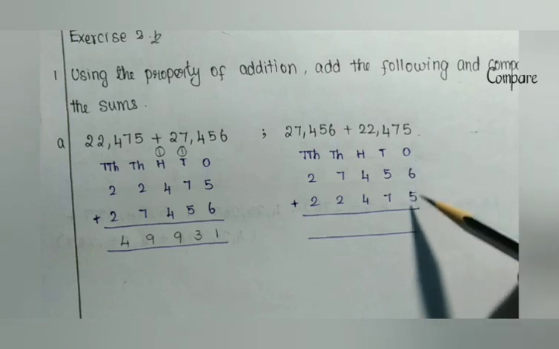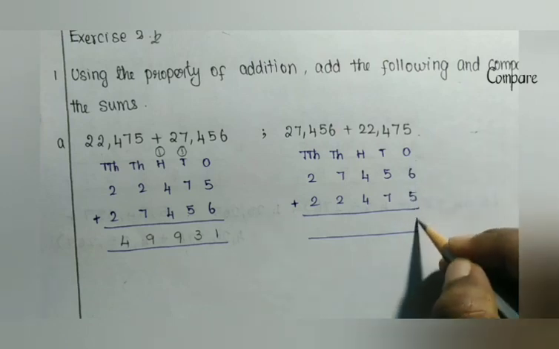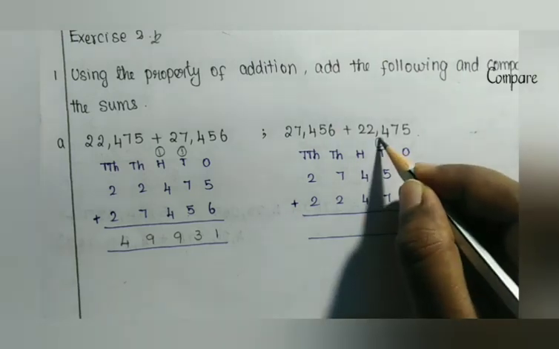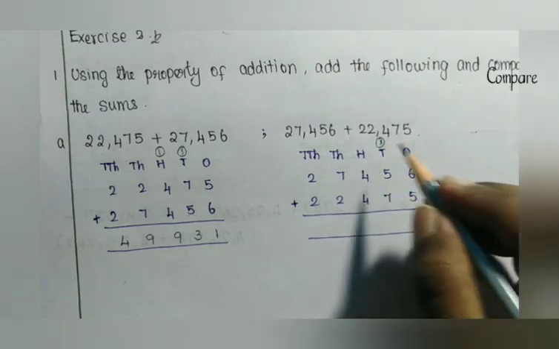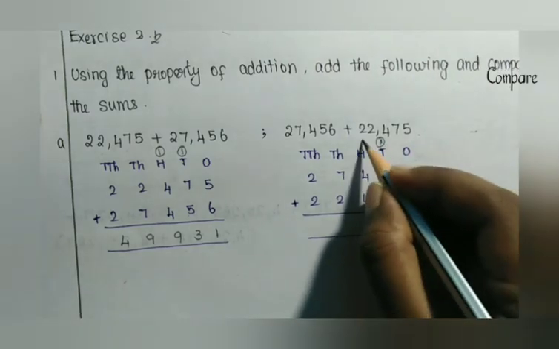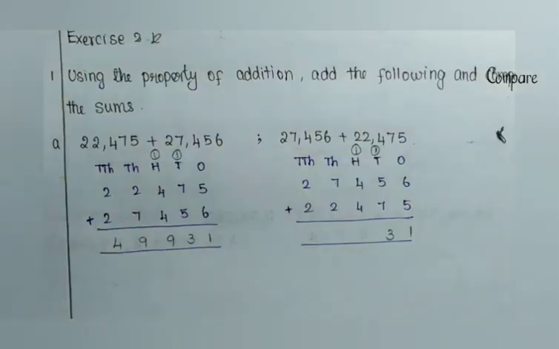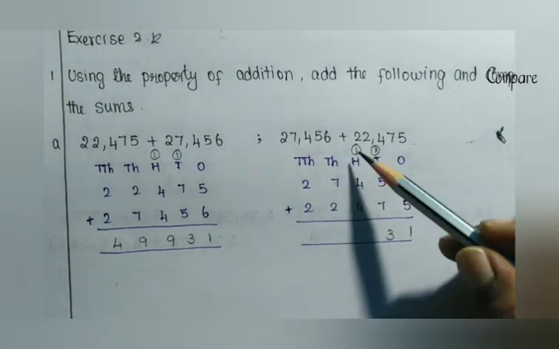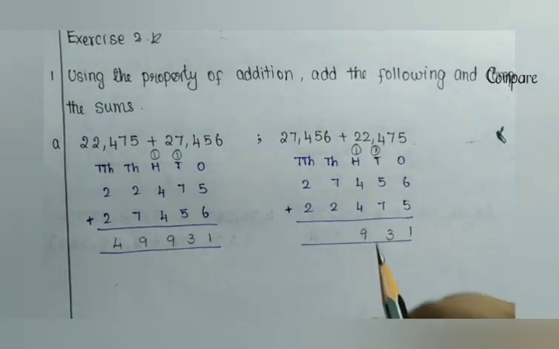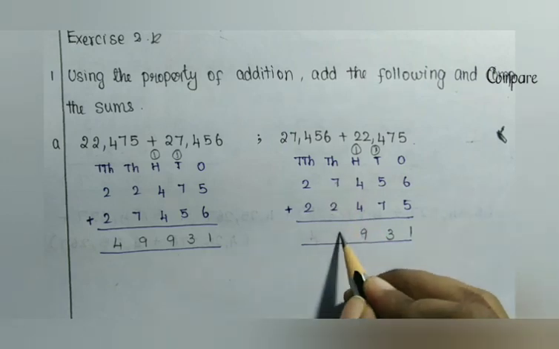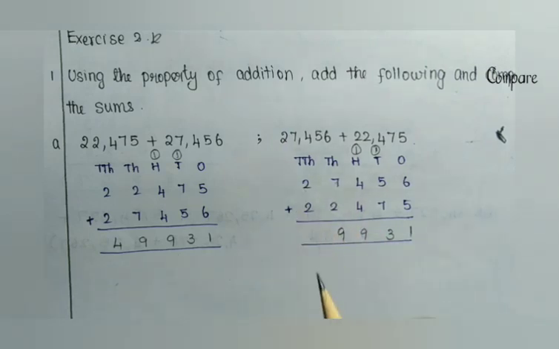Now let's write this number also in column. Yes. So 6 plus 5 is 11. 1 to the carryover. 5 plus 7, 12 plus 1, 13. 1 to the carryover. 4 plus 4 is 8 plus 1, 9. 7 plus 2 is 9. 2 plus 2 is 4.